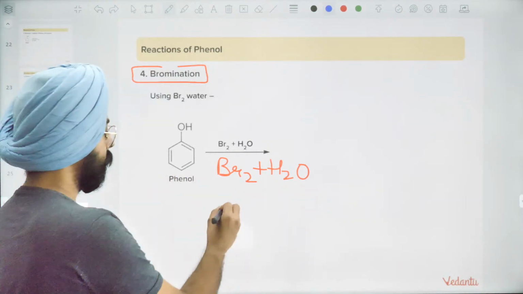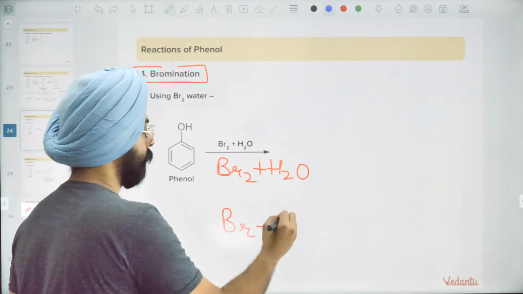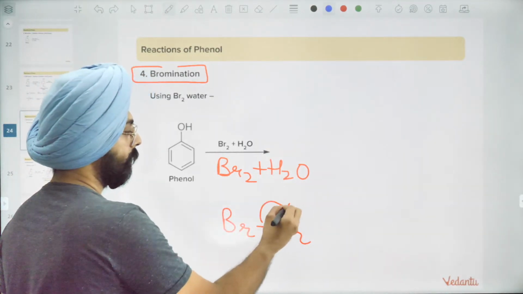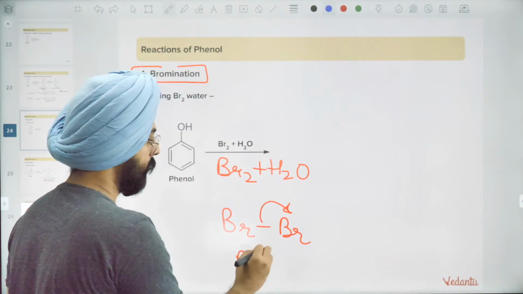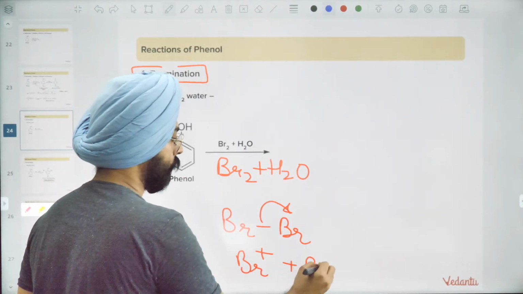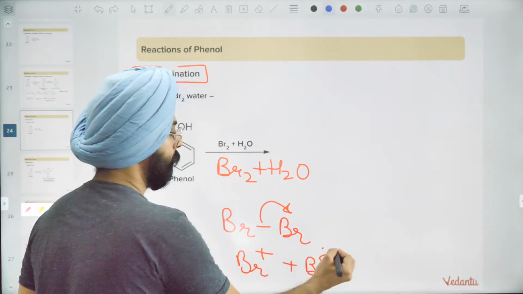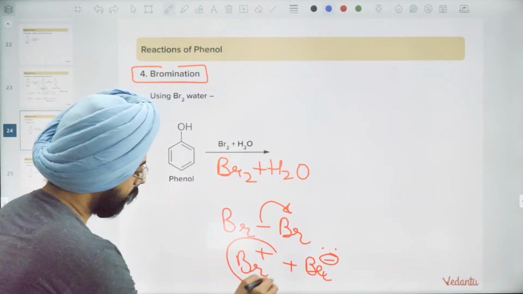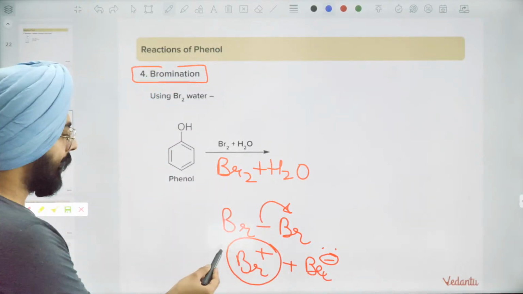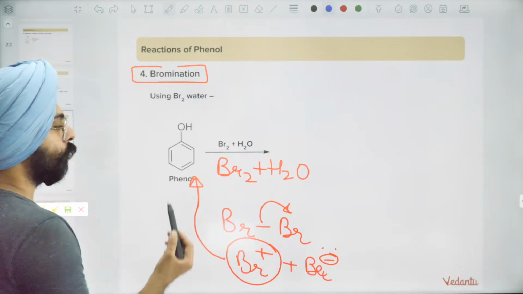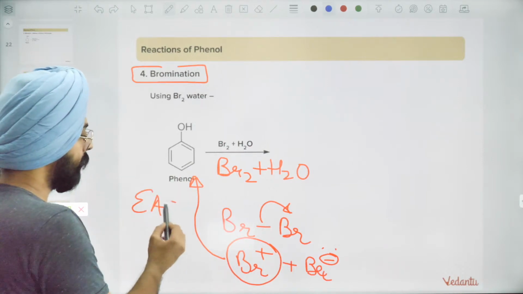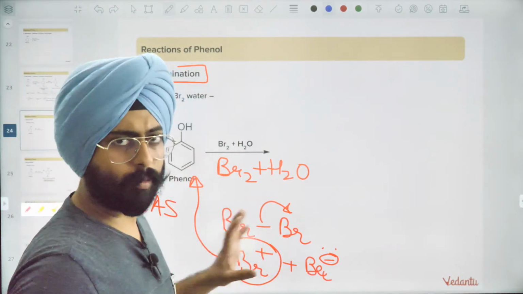Bromine, it's a species that looks like this. Yeah, you can consider it to be a combination of an electrophile plus a nucleophile. Yeah, and you realize that this particular side can act as the electrophile for the electrophilic aromatic substitution. Simple bromination.